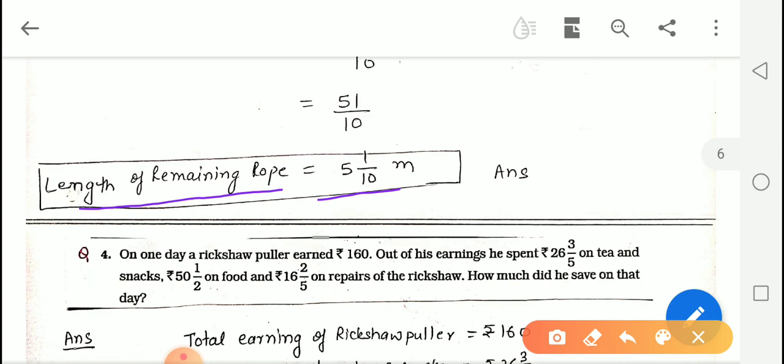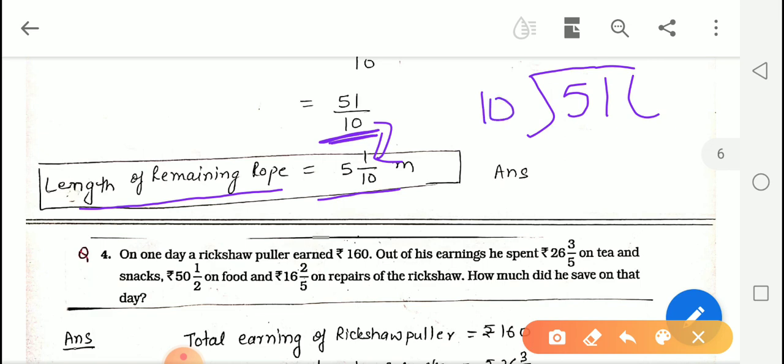How to convert an improper fraction into a mixed fraction. See, you have also learned this in earlier classes. I am explaining it again. We will divide 51 by 10. So 10 5s are 50.